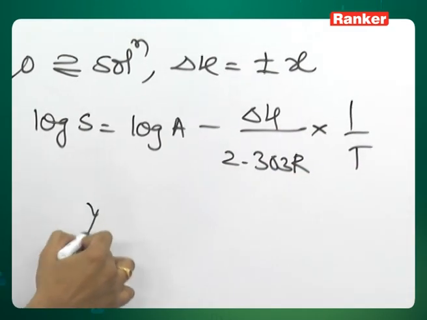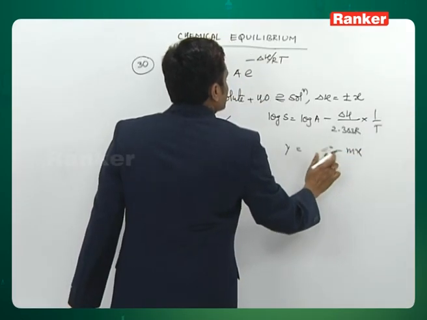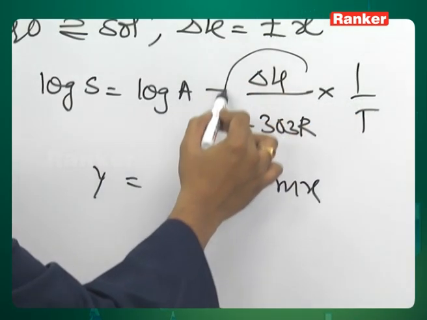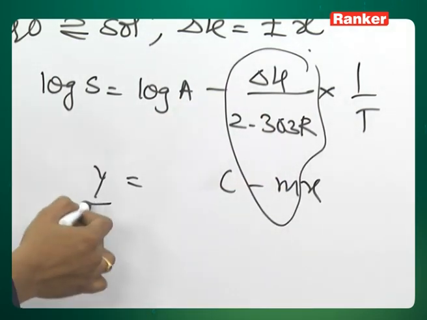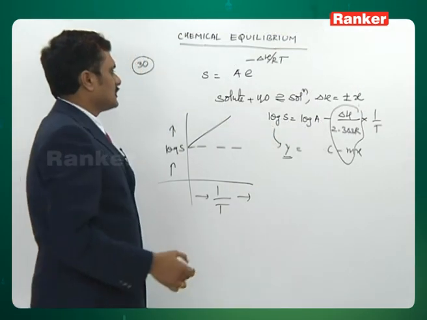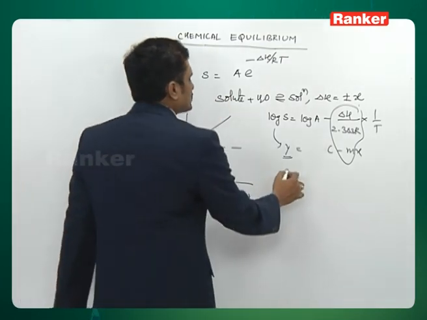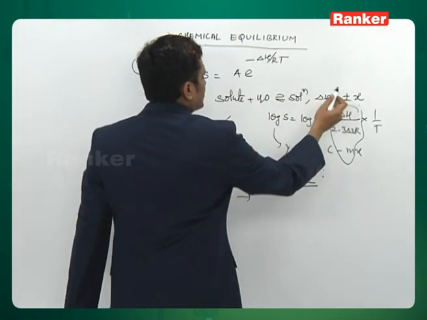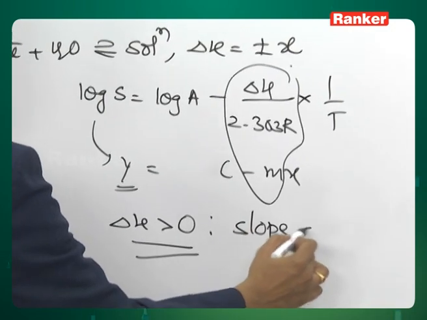Now when I am comparing this with y equal to minus mx plus c, that is slope to be negative with a positive intercept, the slope is comparable. The x coordinate is 1 by T and y coordinate is logarithm of S. Now for the given expression, if delta H is positive, that means when I am dissolving any particular solute and heat is absorbed, then in that case slope is negative.